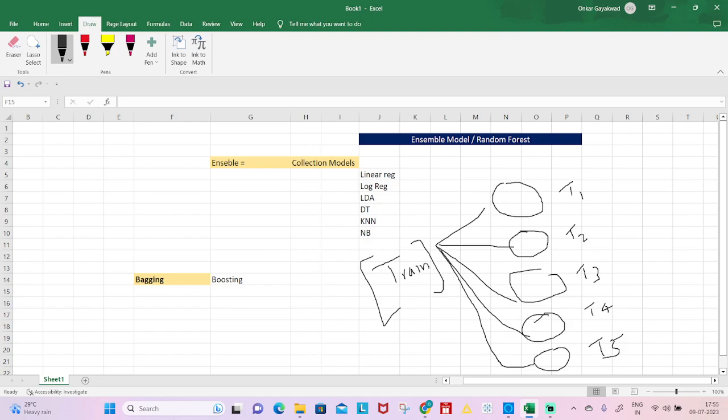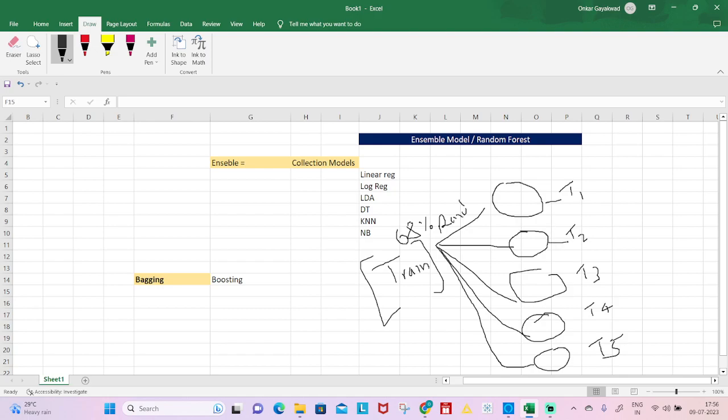So the algorithm that we use is bootstrap aggregation. What does bootstrap aggregation do? It will deploy 68% of the observations at random to each of these decision trees, right?